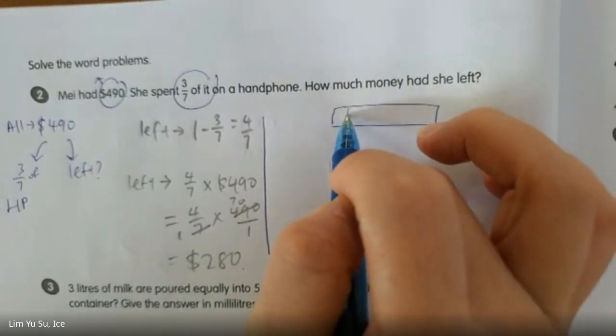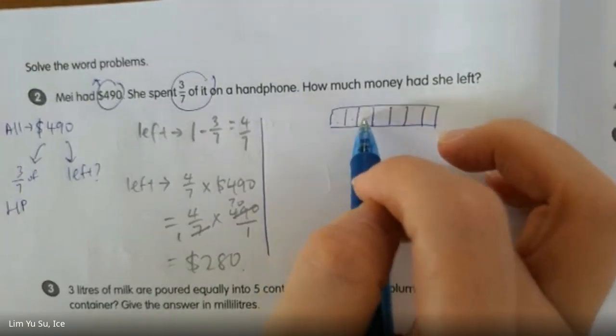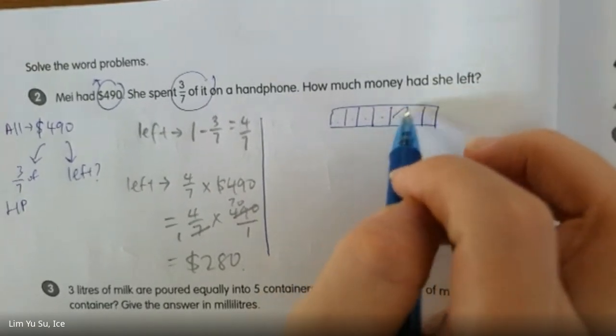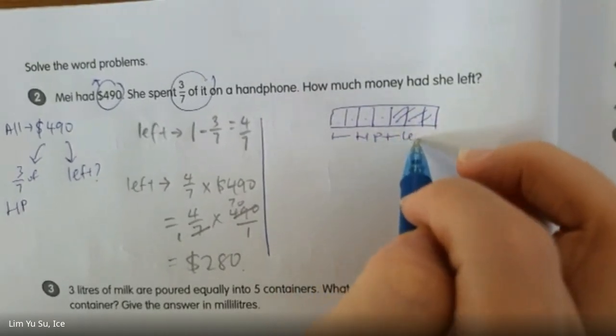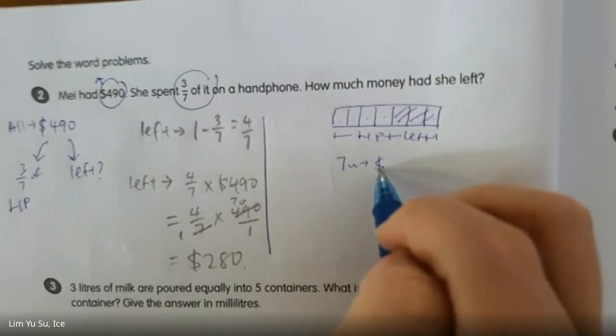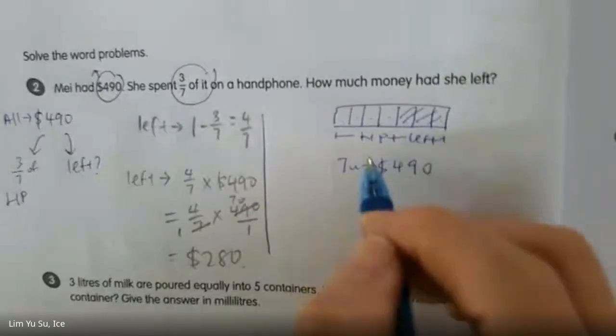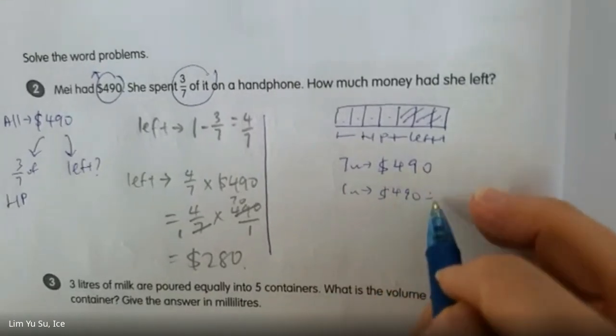Method 2, draw a model. 7 units. Here's the handphone. Here's left. Unitary, 7 units is $490. 1 unit, 490 divided by 7.